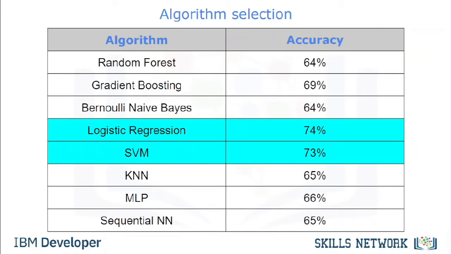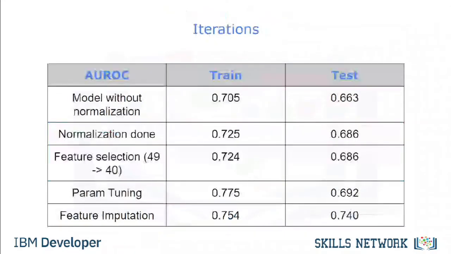The advantages of support vector machines are that they are effective in high-dimensional spaces, and still effective in cases where the number of dimensions is greater than the number of samples. The MLP, or multi-layer perceptron, is a class of feed-forward artificial neural network. But as you can see from the highlighted ones, the selected algorithms would be logistic regression and the SVM, or support vector machine. Both have the highest accuracy among the others.